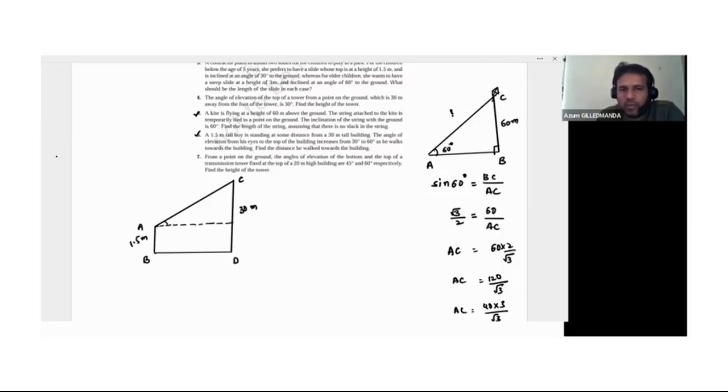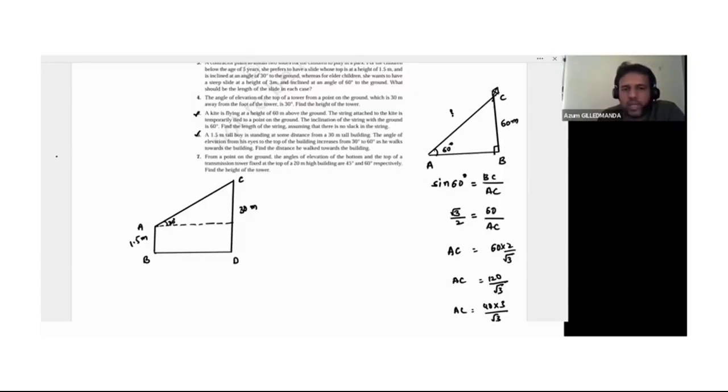So this angle with the horizontal is 30 degrees when he is at this point. Now what they are saying, the angle of elevation increases from 30 to 60 degrees as he walks towards the building.